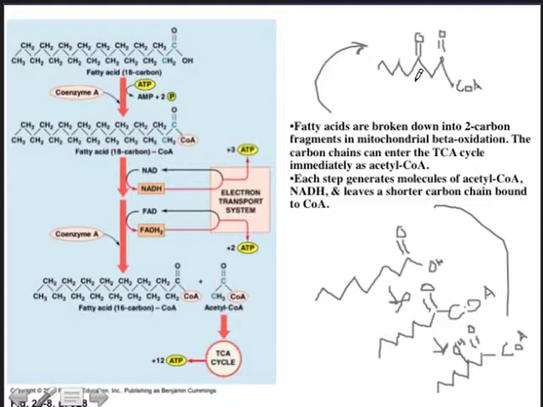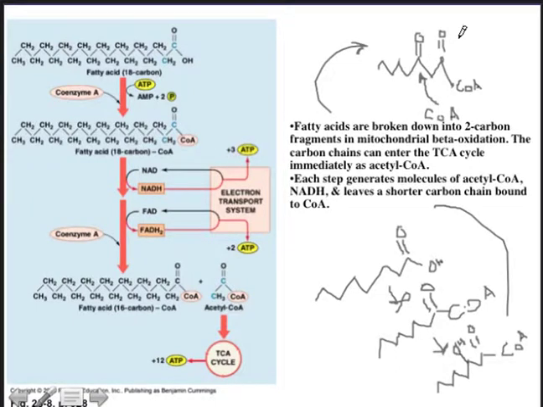So I was mistaken before, guys. This is the alpha carbon. This is the beta carbon here. Okay. So this is why it's called beta oxidation. Alpha, beta. Okay. And then a new CoA comes in and forms a bond here.